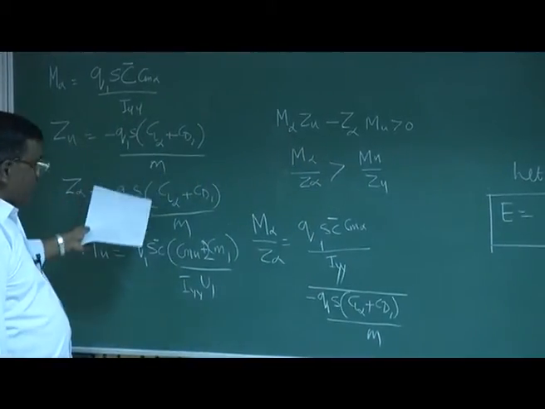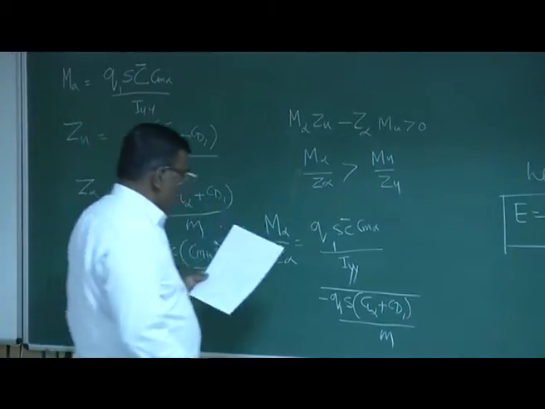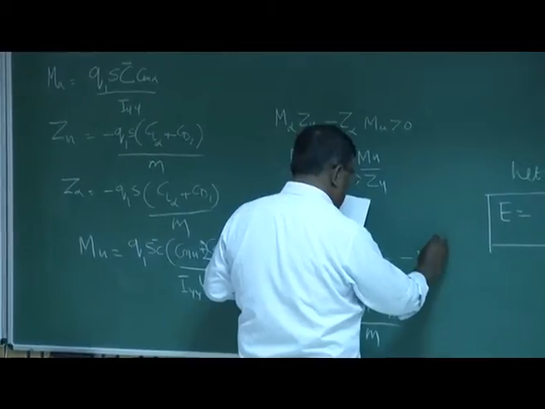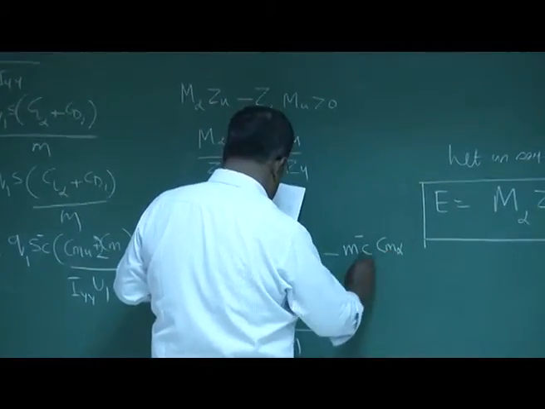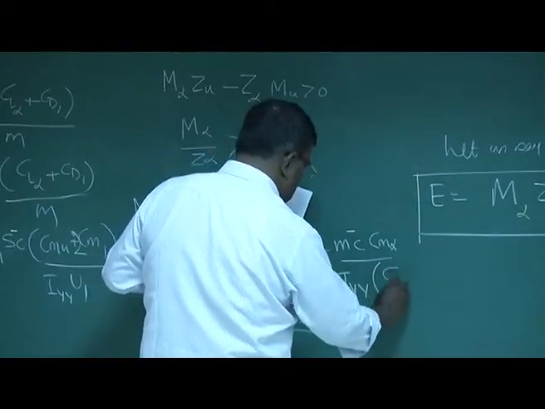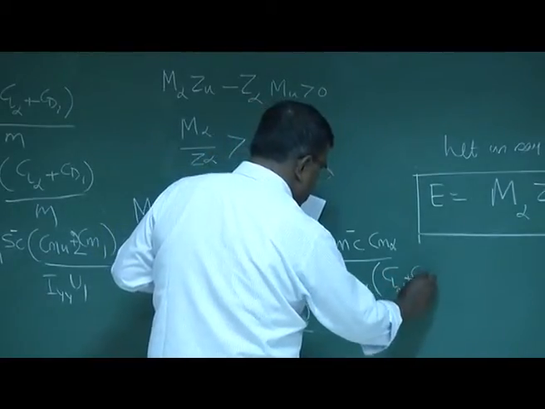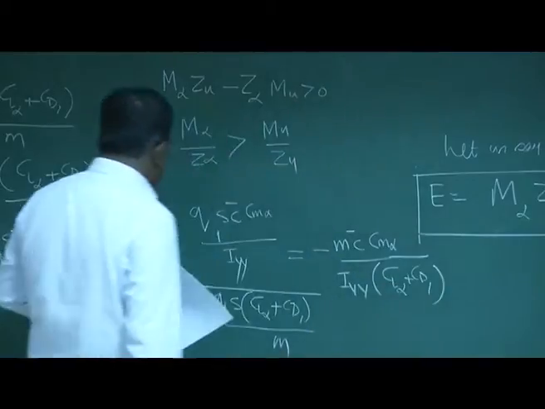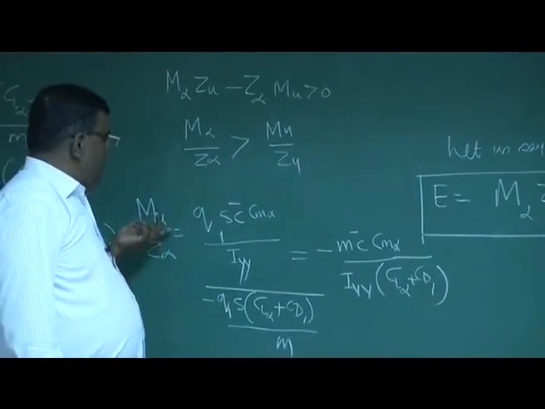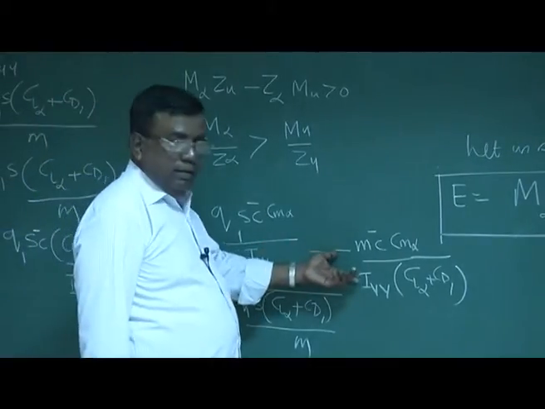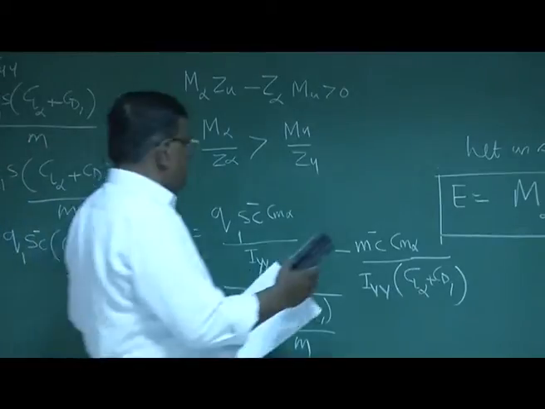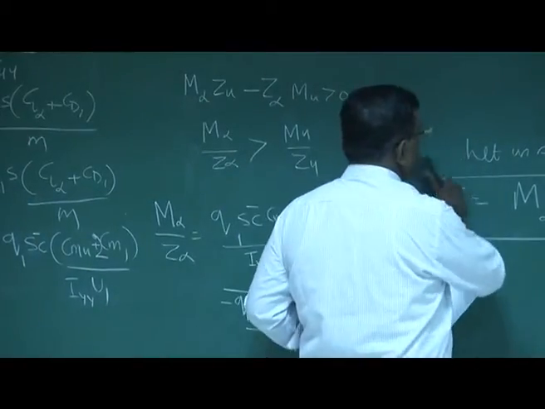If I divide this, I get the expression minus m C bar Cm alpha by Iyy times Cl alpha plus Cd1. So what is the final relation? M alpha by Z alpha is this. Similarly, we find out the second term, mu by Zu.